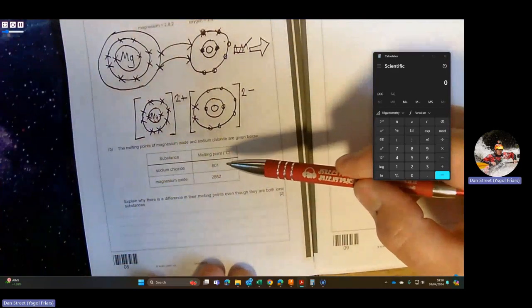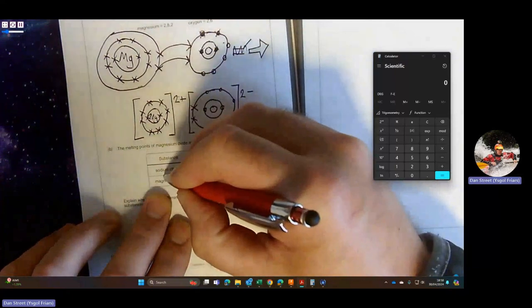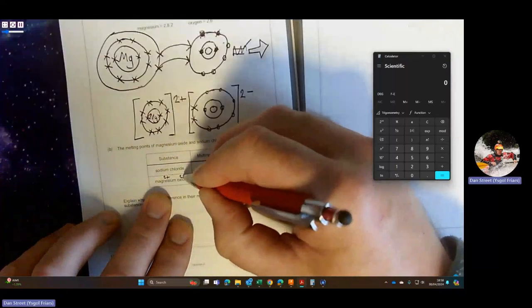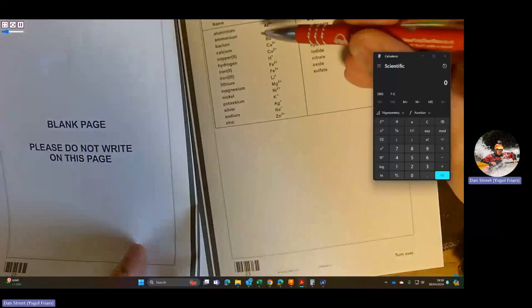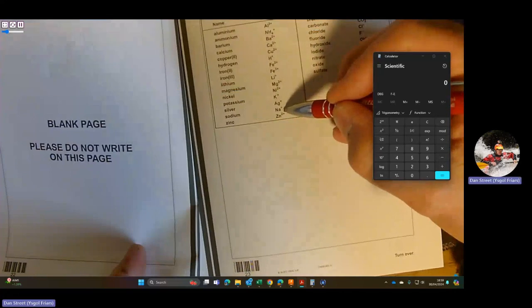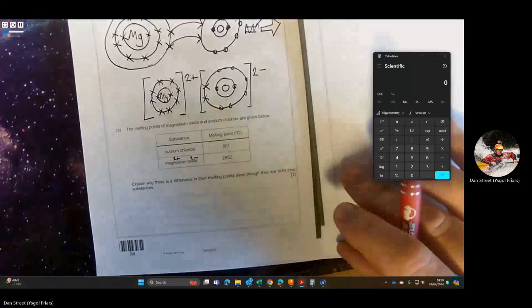The difference, though, is if we look, we've already established that this is Mg 2 plus and O 2 minus. If we just quickly nip to the table of ions in the back here, we'll discover that sodium is only 1 plus and chloride is only 1 minus. So that the size of the charge is half.